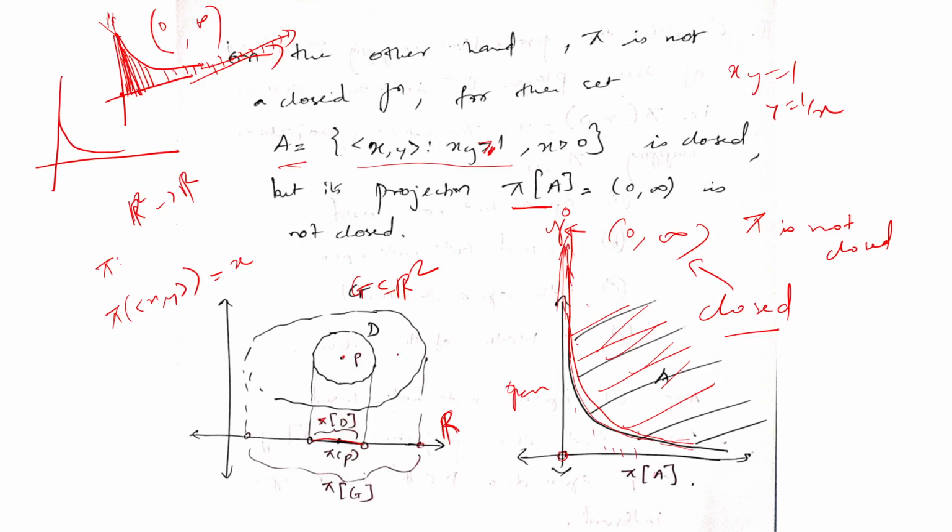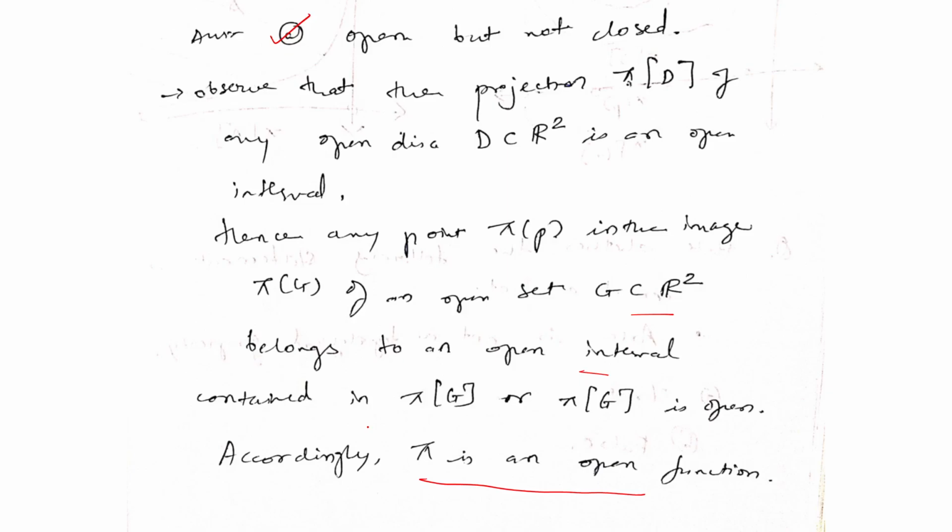This D is in R2, you have to find its projection on R. When you take its projection, you will get such an open interval, so its projection is given by pi of D. For any point P, it will be pi of P. So basically, if you are taking any open set, its image is again open. You can see that. So under the projection mapping, the image of an open set is open.